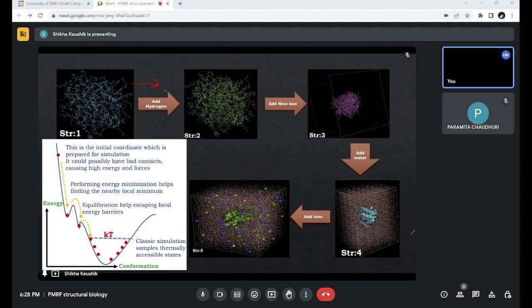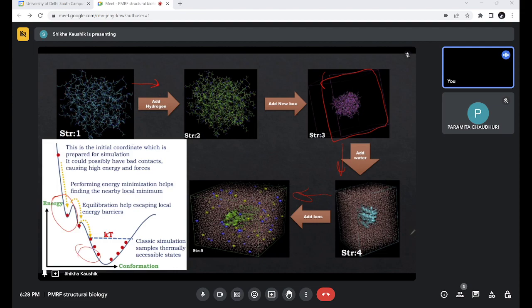So we add hydrogen, we add a new box, we define our boundary, we put our protein in the center, we add our solvent, for example water, we add our ions, and now we are ready to go. Now we have given a buffering condition to our protein, and from here we have to take this system to a lower energy level.